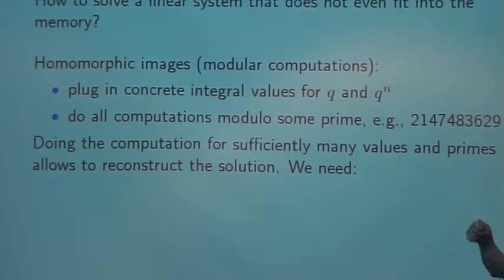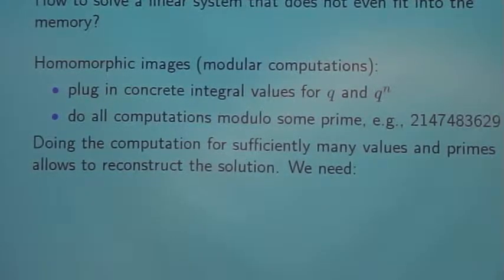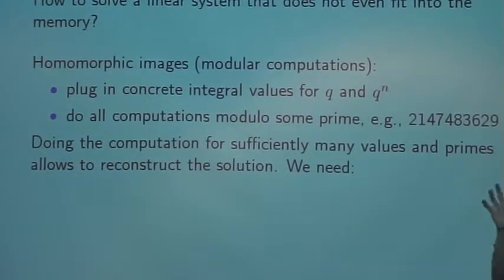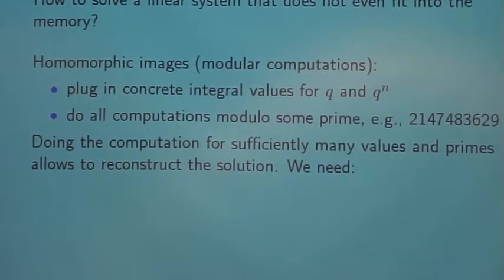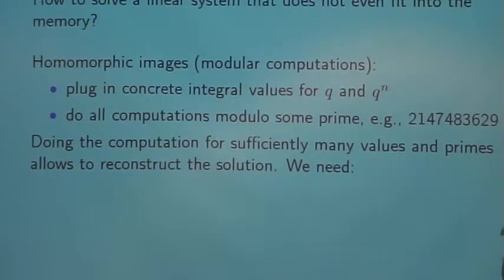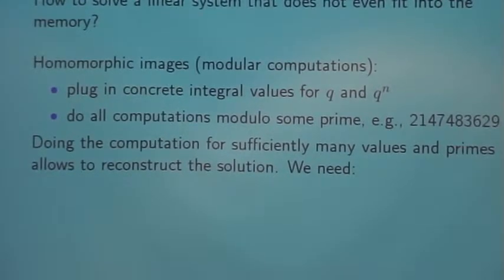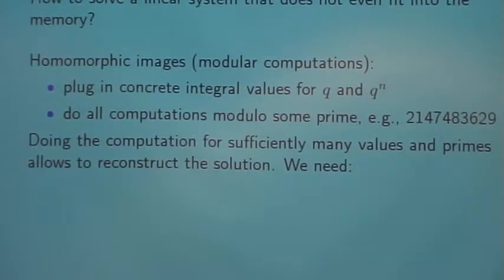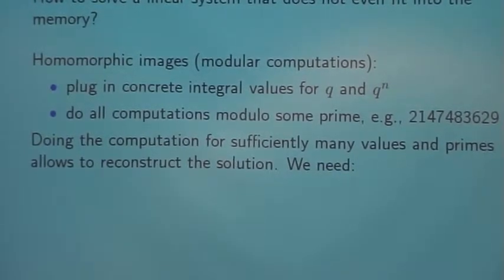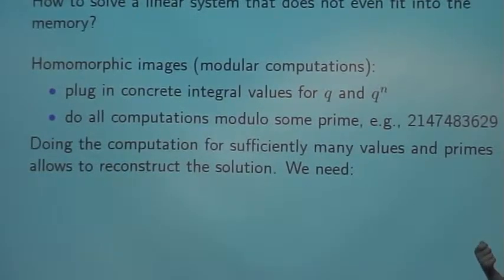Then all the entries in the matrix become rational numbers. And then, in the second step, we take a big prime, not 17, but a few million, and reduce everything modulo this prime. So then we have a matrix with just integer entries, and all the calculations are very, very fast, because we don't have growth of coefficients, since everything is computed modulo this prime.